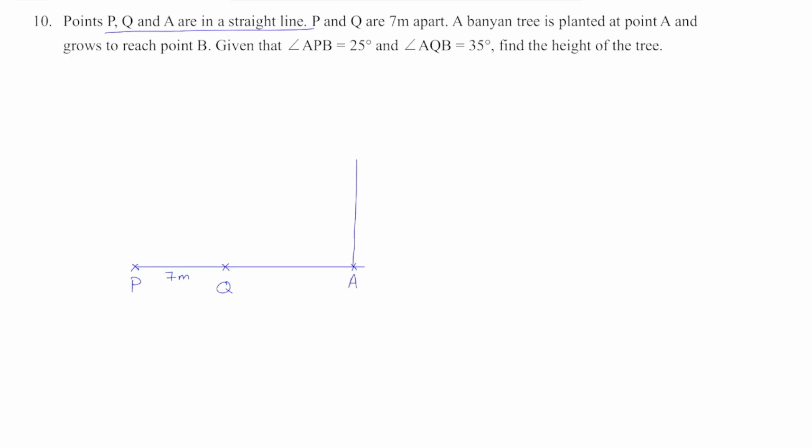The banyan tree is growing up to an unknown height to point B. Then it says that APB is 25 degrees, so this is 25 degrees, and AQB is 35 degrees. Then they ask us to find the height of the tree.